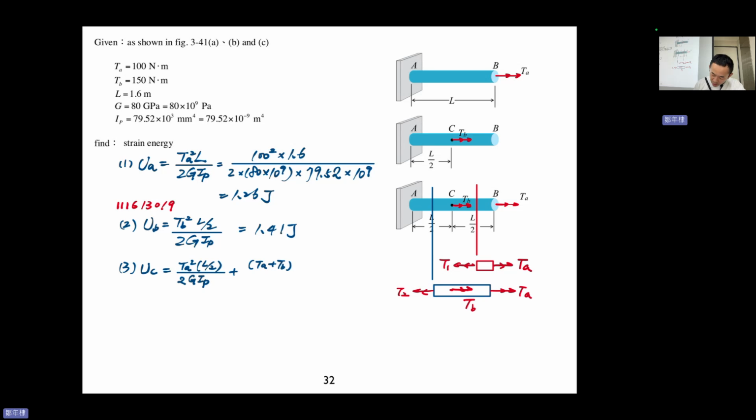You know where it comes from: T2 must be TA plus TB. And squared L over 2 in the first section, and 2 GIP. And then after that, you have T.